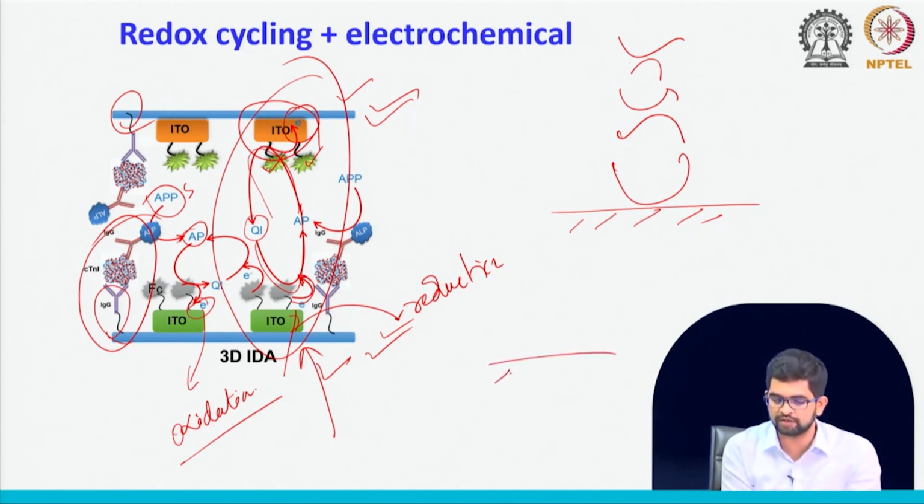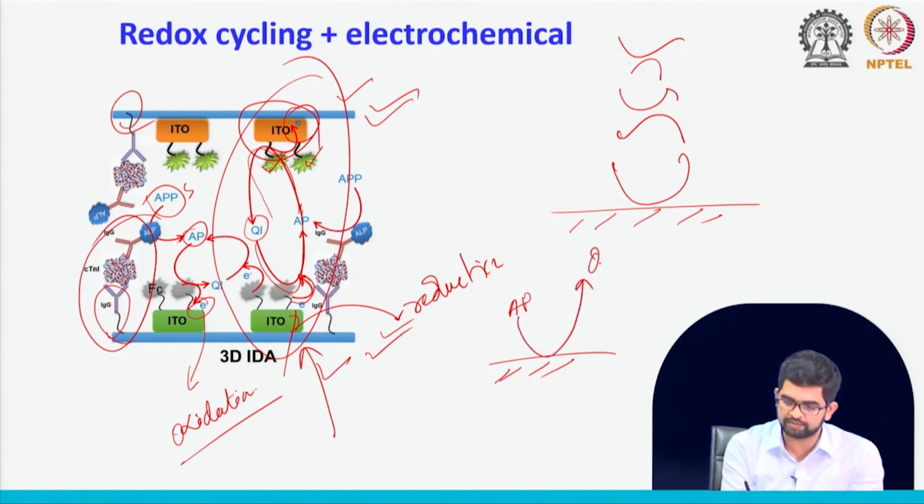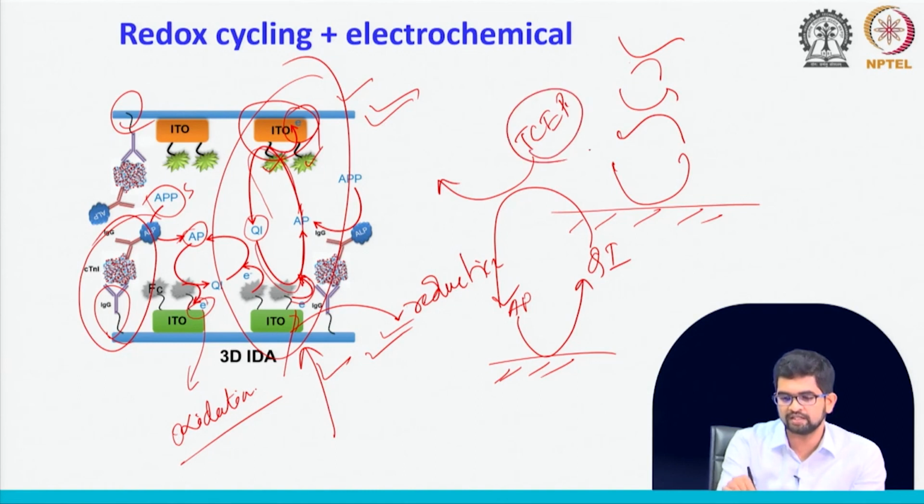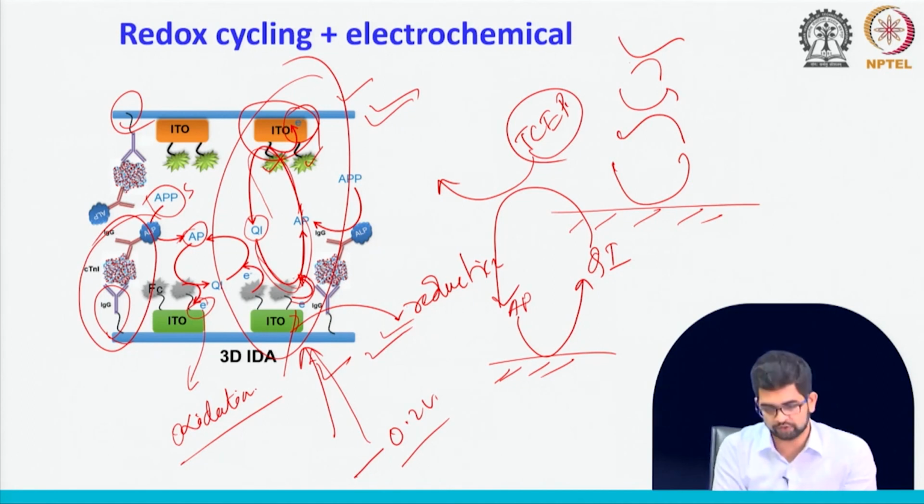Last time I told you, can you remember, aminophenol can be oxidized on the sensor surface to form the quinonimine, and that quinonimine can be reduced by TCEP. That is a reducing agent, but here we are not using any extra reducing agent. Here this quinonimine is reduced by applying a negative potential, suppose minus 0.2 volt, for example. If you apply a negative potential, it gets the electron and is reduced.